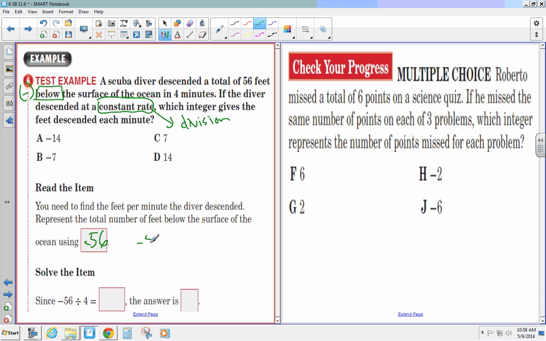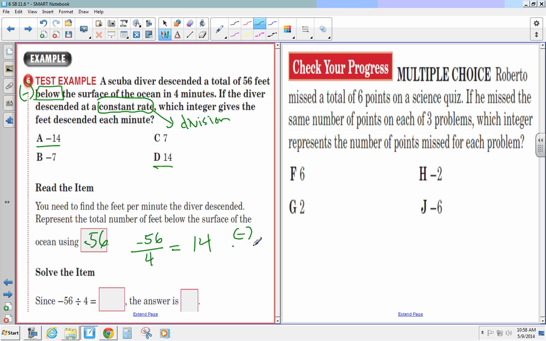You're setting up negative 56 for every 4 minutes. And when you do the division, 56 divided by 4 is 14. Notice, you've got negative 14. So now you look at the signs.